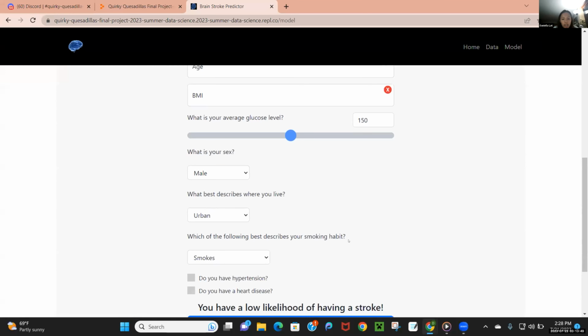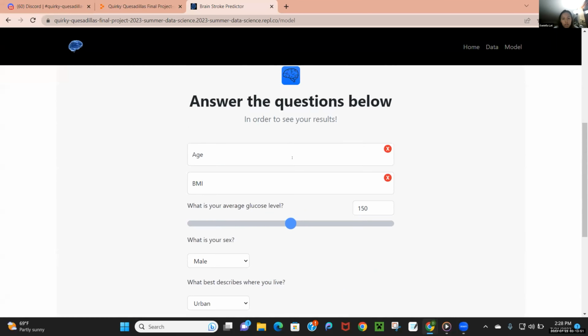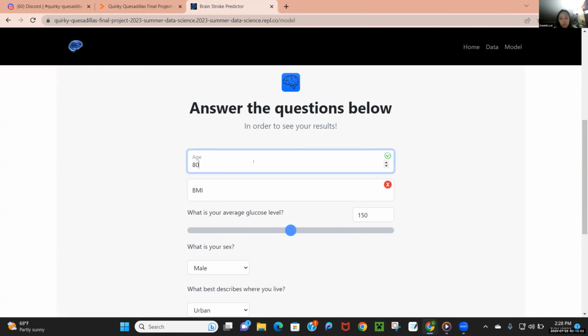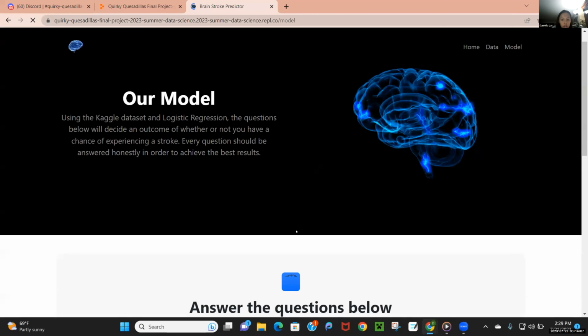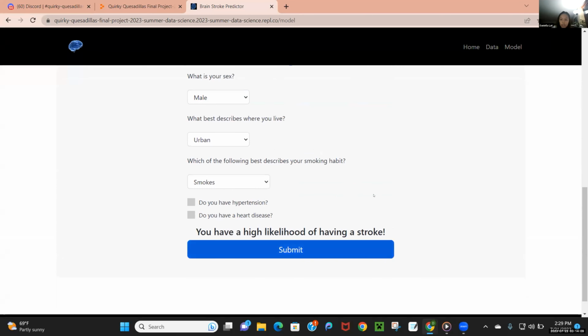You can see that they have a low likelihood of having a stroke. But if we had someone who's older, with also an average BMI, but high glucose levels, no hypertension or heart disease, they have a high likelihood of having a stroke.